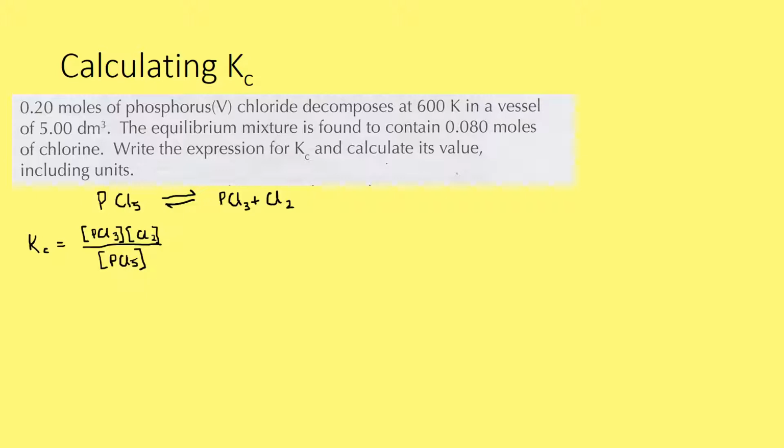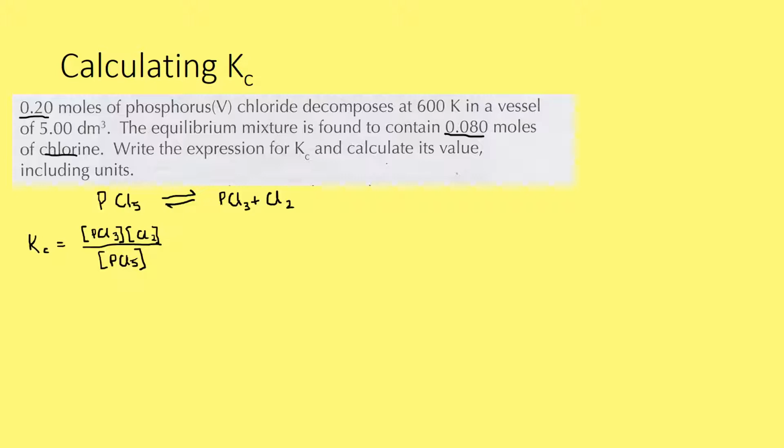The only 2 things that we have to go on so far are 0.08 moles of chlorine at equilibrium, and before equilibrium at the start we have 0.2 moles of phosphorus pentachloride. So notice we've got moles and not concentrations, but that's fine. Let's work out the concentrations from the moles.